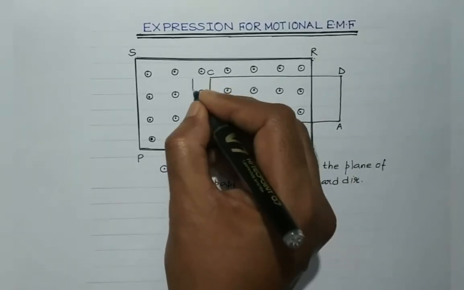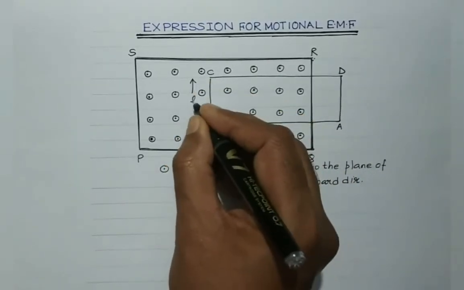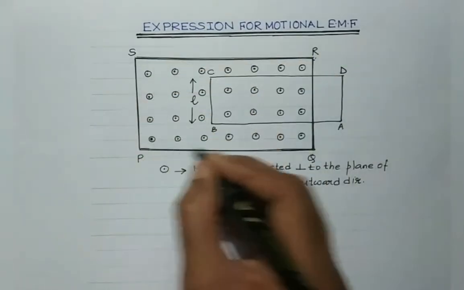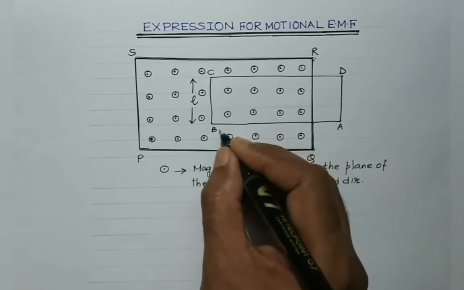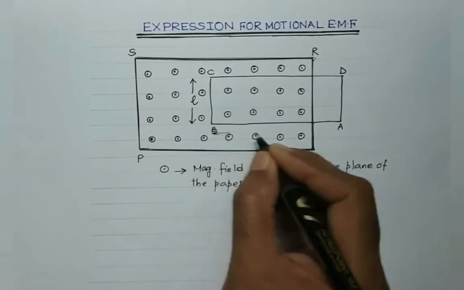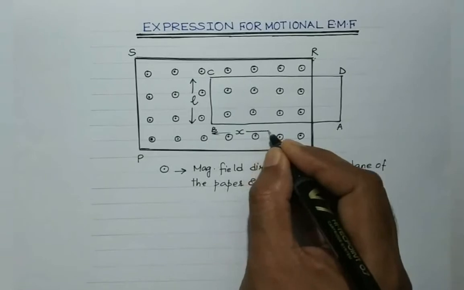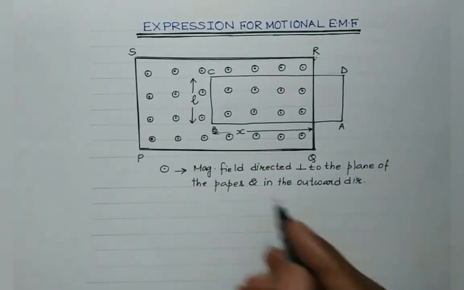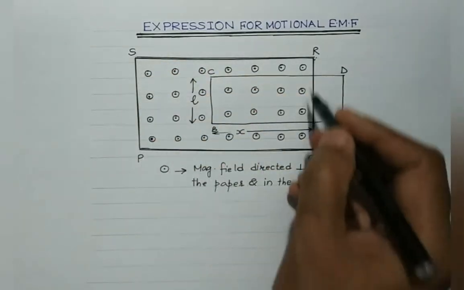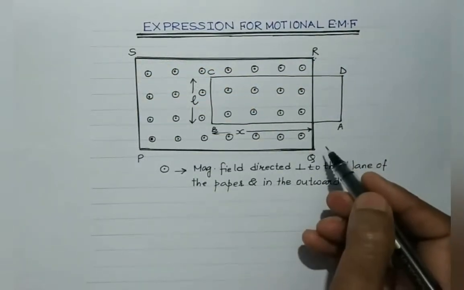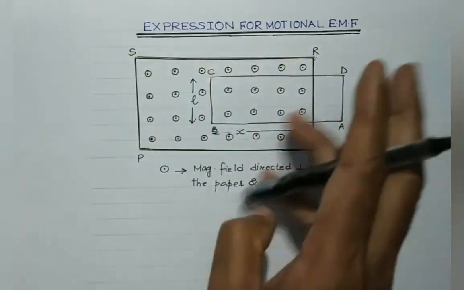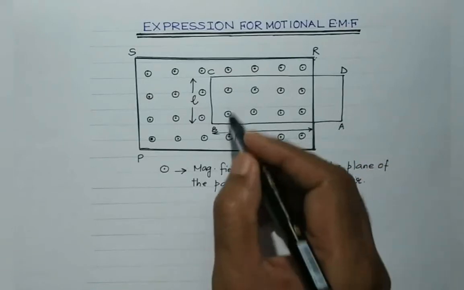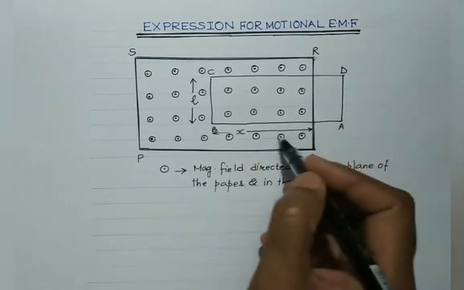And let us consider this to be L. And this portion which is inside the region of uniform magnetic field be X. So students, what we've assumed is PQRS is a region of uniform magnetic field where magnetic field is directed perpendicular to the plane of the paper and in the outward direction, right? And ABCD is any closed loop.